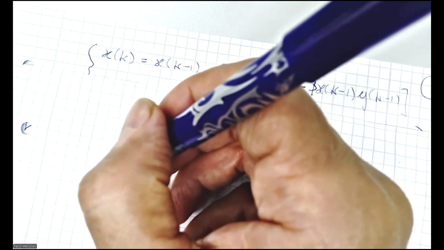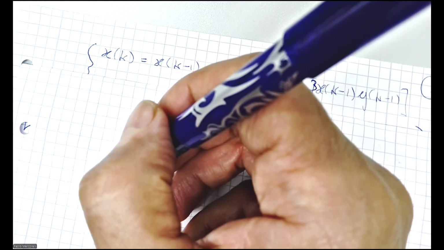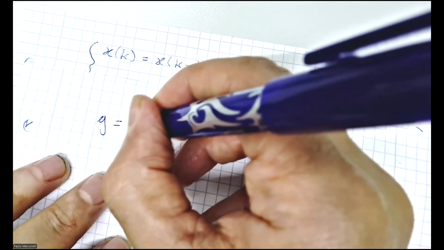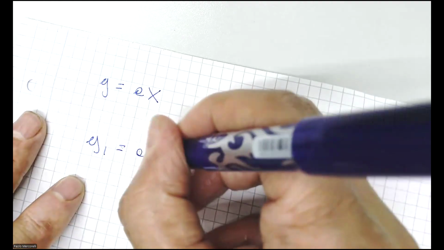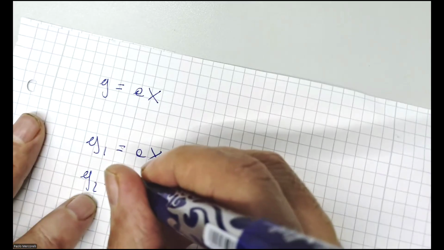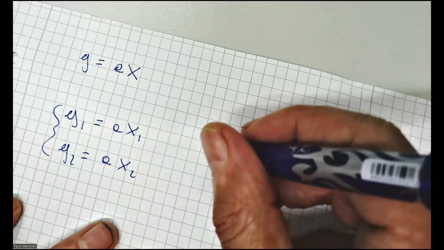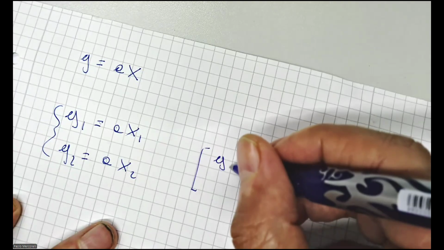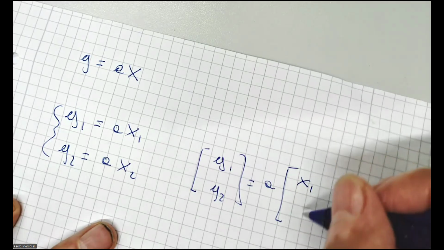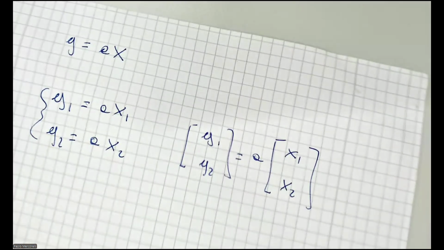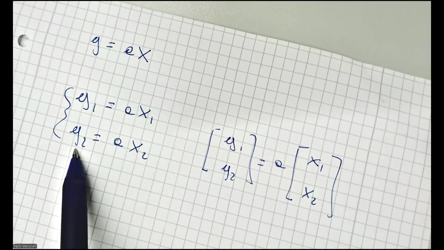A trivial example. It seems to be a contradiction. y1 equals a multiplied by x1, y2 equals a multiplied by x2.